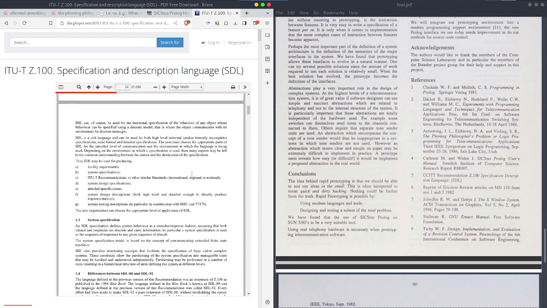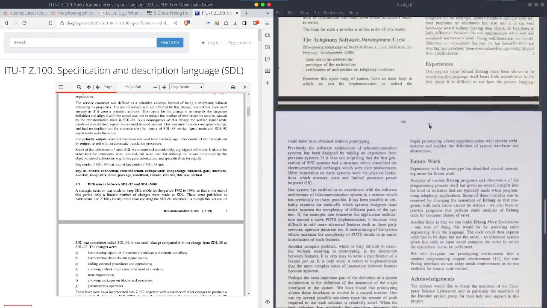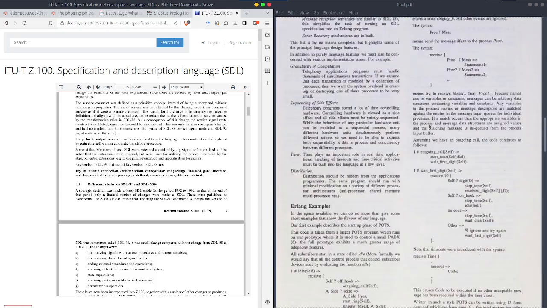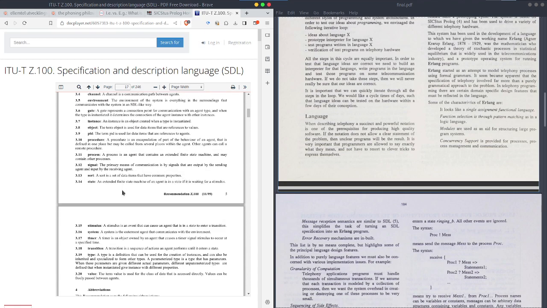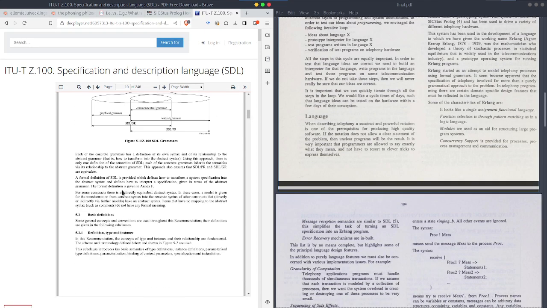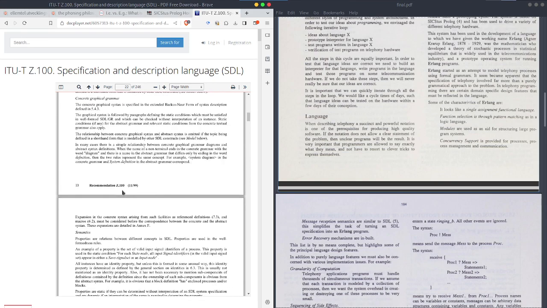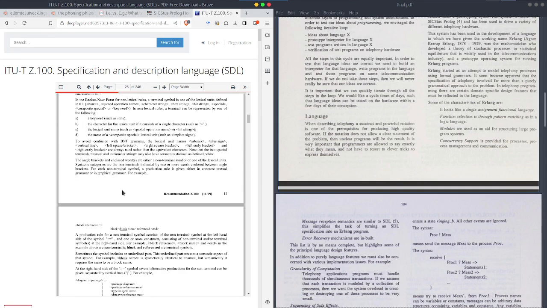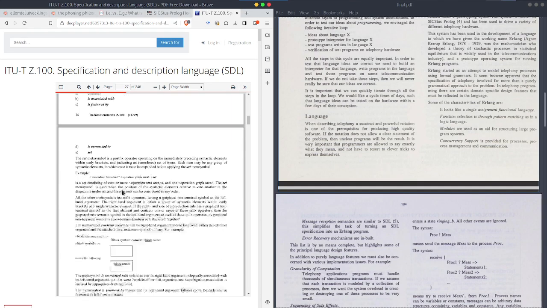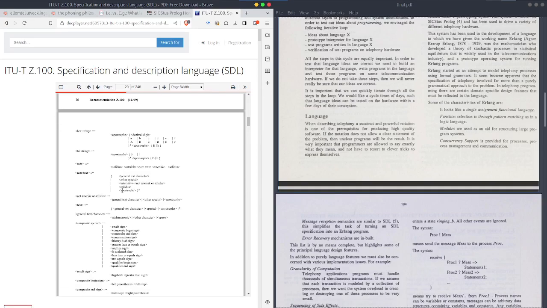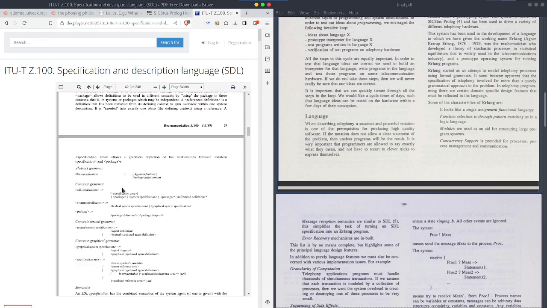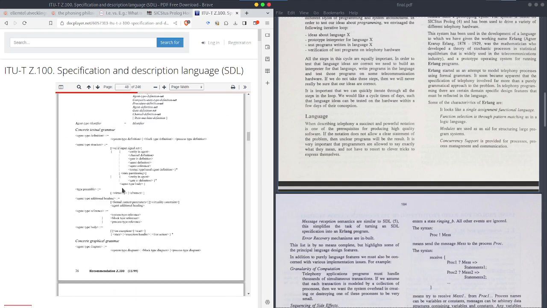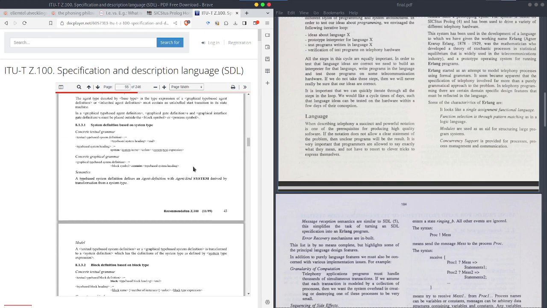So actually, one of the requirements for Erlang is to be compatible with SDL, and SDL is kind of a standard way to write something in the telecommunication area.